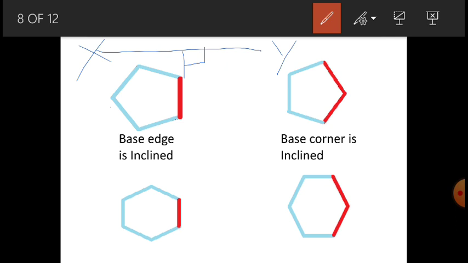As you can see here, I have highlighted it in red for your reference. Same way, whenever they say the base edge is inclined, the edge should come to the right hand side and be perpendicular to the xy axis. It might be a pentagon or a hexagon or any other object.